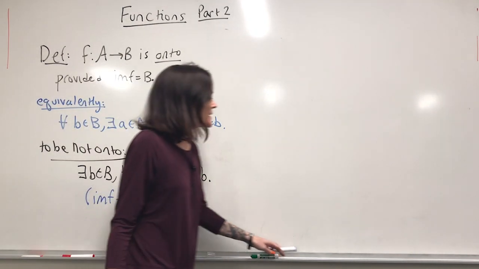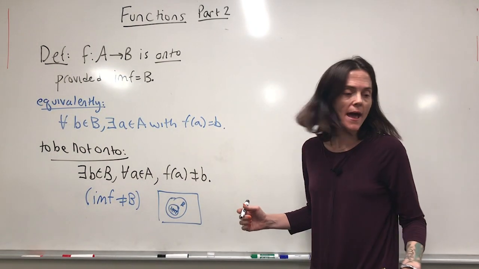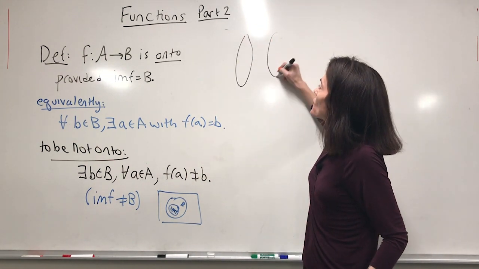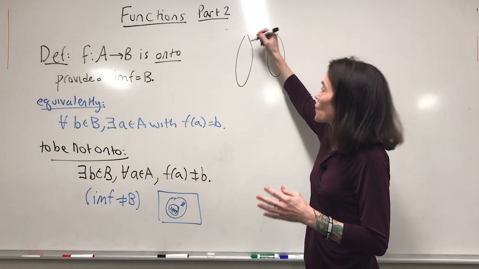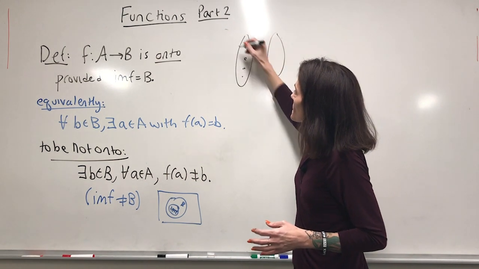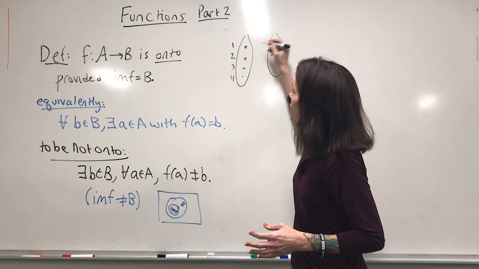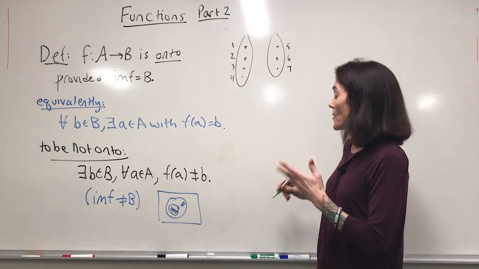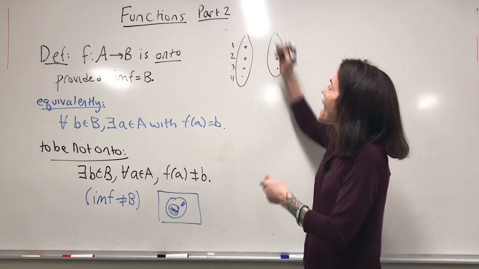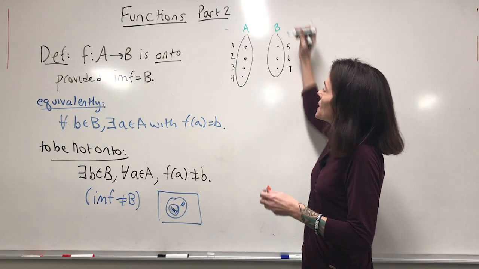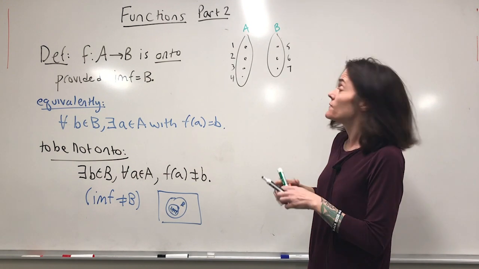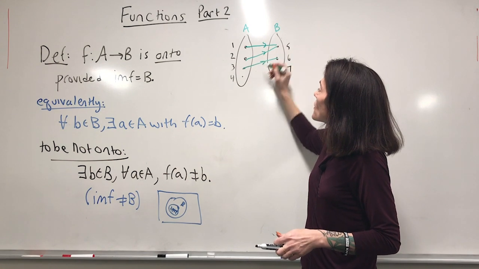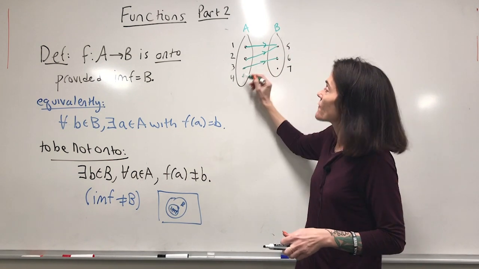And that's written like this. Well, if I go back to the examples, they're erased, but I will just draw one example of how you spot something is onto or not. 1, 2, 3, 4. If I had a big enough board to leave those up, I would have just referred back to the ones that I had. If this is A and this is B, first of all, I need to be a function, so I need to make sure I have only one arrow coming out of every single one here.